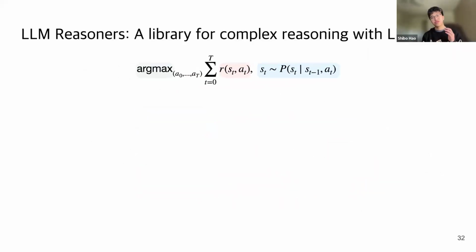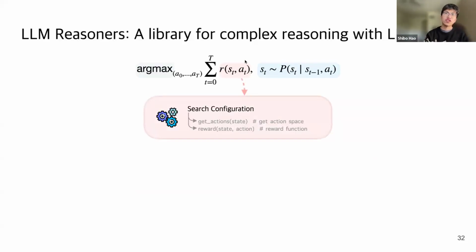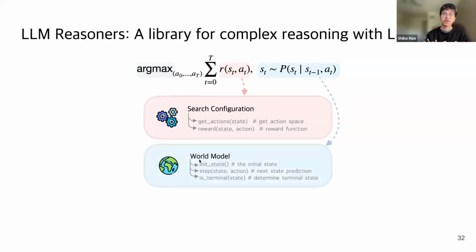Based on this unified formulation, we built LLM Reasoners, a library for complex reasoning with LLMs. Each of these three components corresponds to a class in our library.